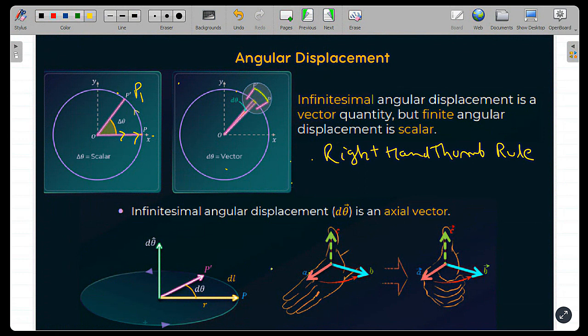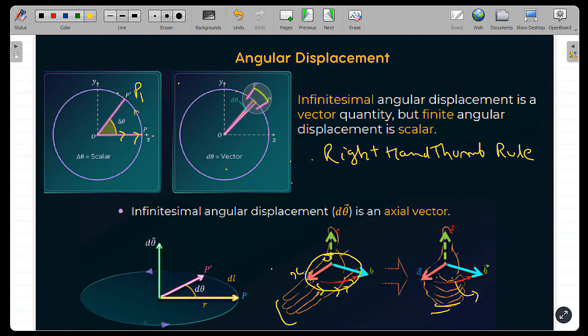See this hand here. Suppose this is your OX line. So you have placed your fingers along OX and you are moving. Suppose this is a circle. You have placed your fingers along OX and you are moving like this. So you will curl your fingertips towards the inside like this, and this is your direction of angular displacement.